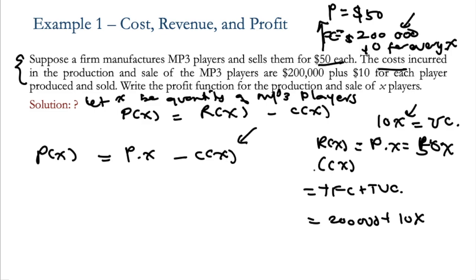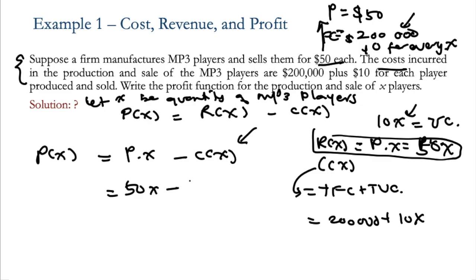So we have the cost function and we have the revenue function. We can substitute them back into the profit function. You have 50x minus the cost function, and the cost function here is 200,000 plus 10x. Basically we can simplify the function further. To simplify, I have to open the bracket for the cost function.